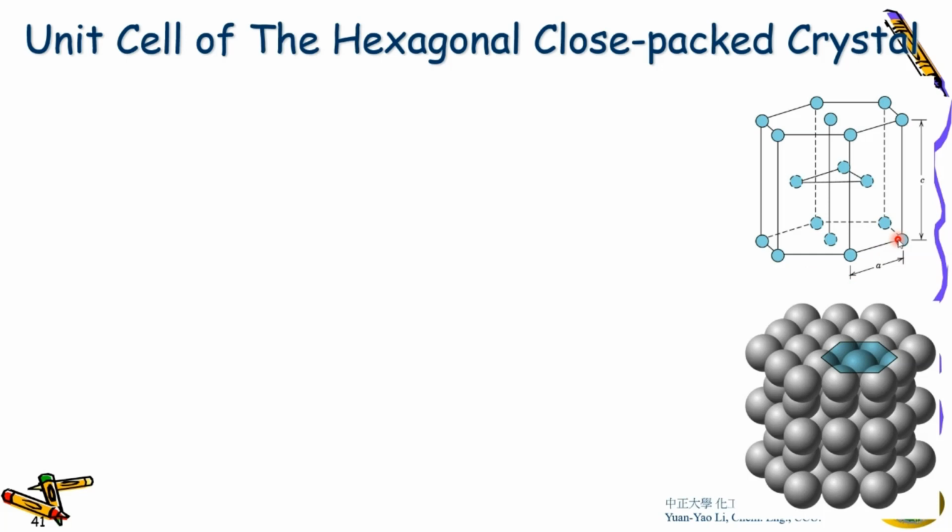And you have 2 atoms in the faces, on the top and in the bottom. And you have 3 atoms inside this unit cell. And this is what we call the unit cell of the hexagonal close-packed crystal.